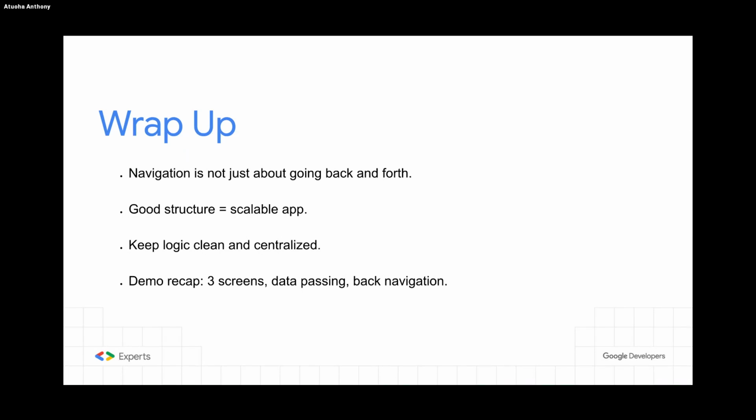One thing I want you to understand is that navigation is not just going back and forth. Navigation can determine how your user feels, the user experience the user gets. And a good structure gives you a scalable app or a scalable code base. It's also very nice to keep your navigation clean and centralized so you can maintain it and keep it structured.